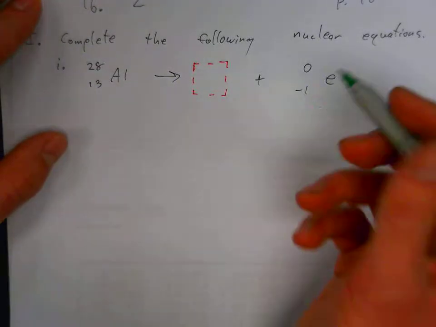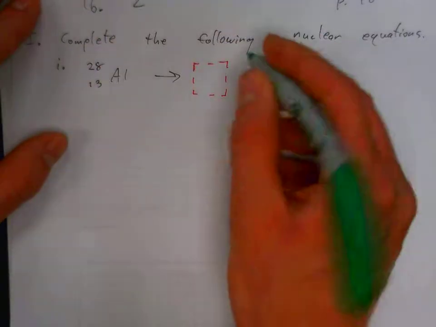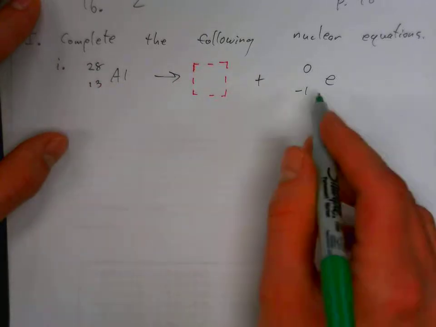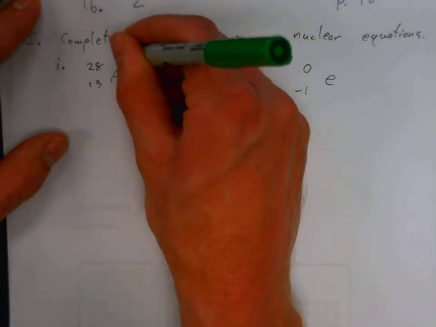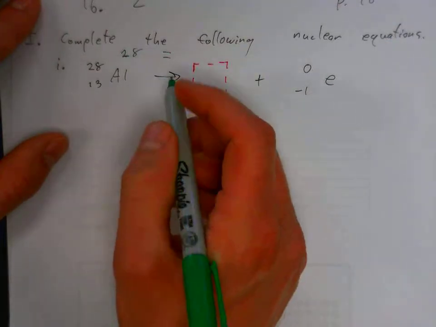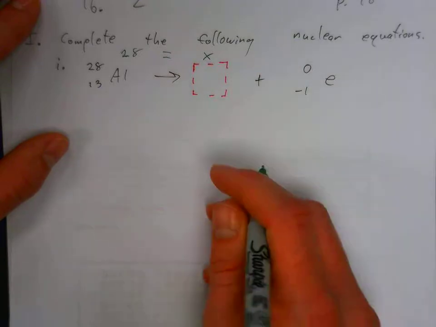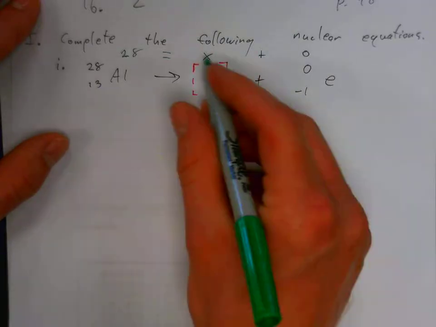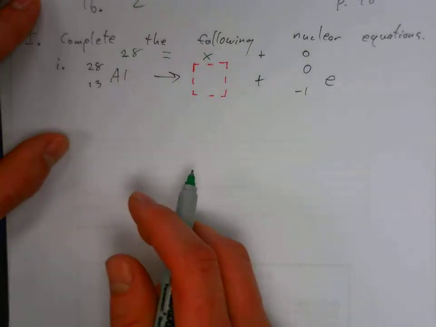So I'm going to make two equations, one for the mass numbers, one for the atomic numbers. So 28 equals, putting an equals instead of the arrow, x, my unknown, plus 0. 28 equals x plus 0, so all the top numbers.